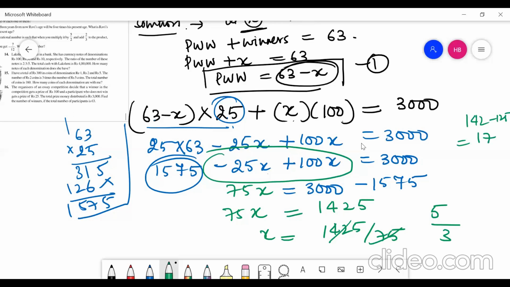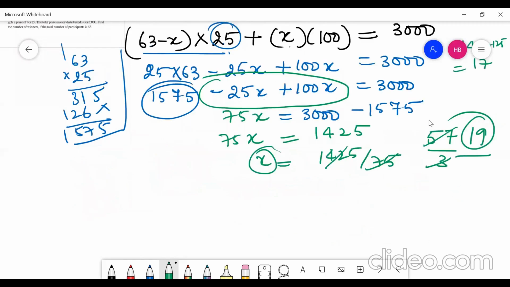So 175 divided by 25 will give me 7. Now 57 is divisible by 3, because 7 plus 5 is 12, which tells me 57 is divisible by 3. 3 ones are 3, 3 nines are 27. So my x is equal to 19. The total number of winners is equal to 19.